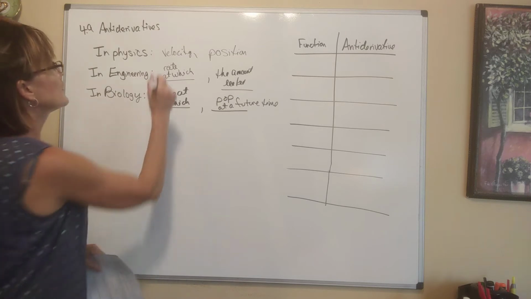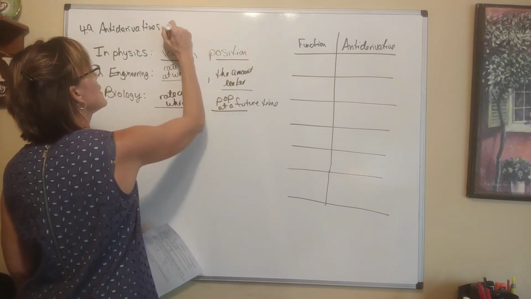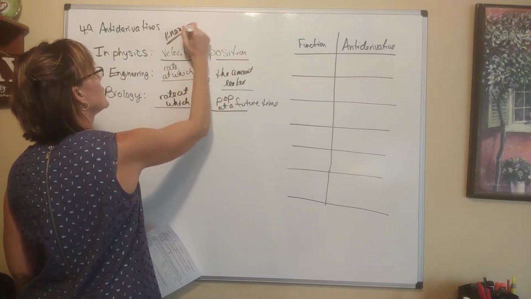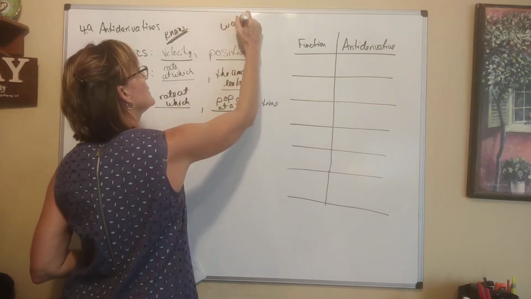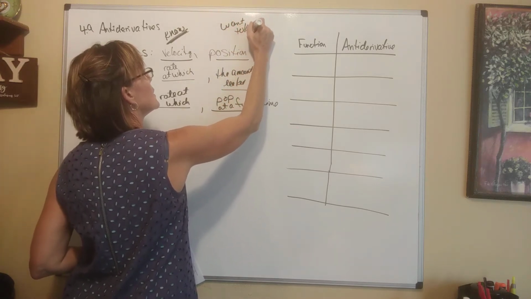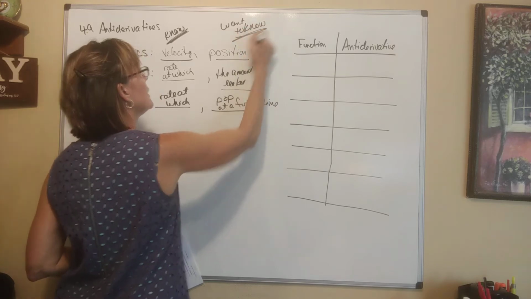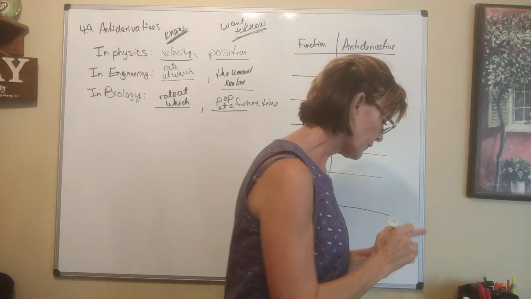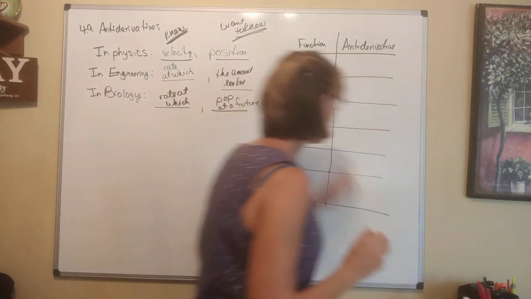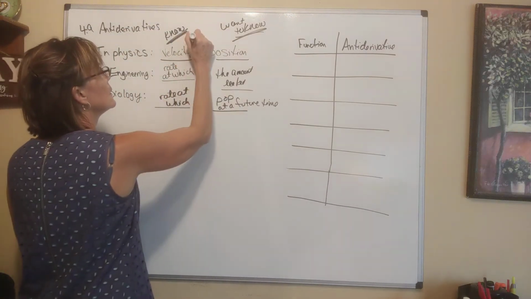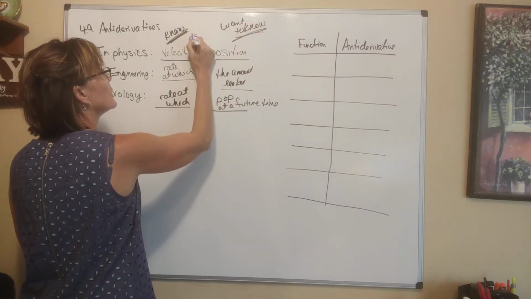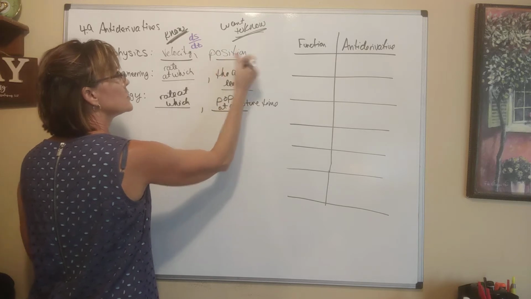If you had any one of these situations, this is what you know and this is what you want to know. You have the velocity, which is the derivative of position.